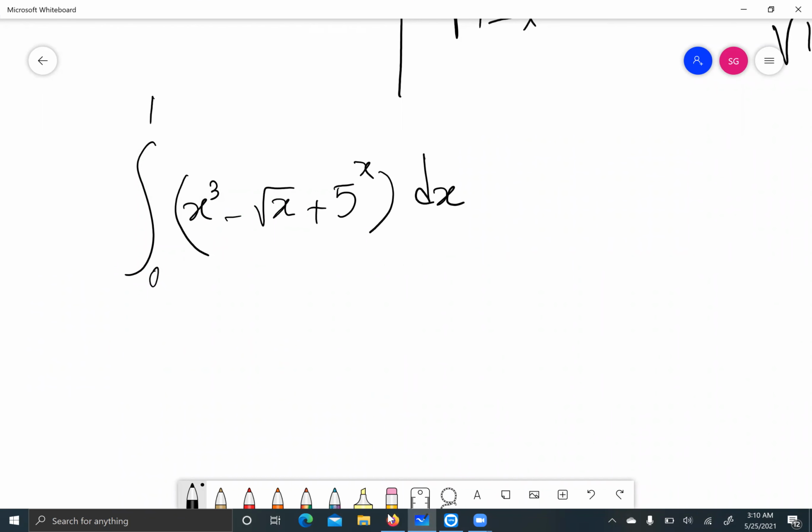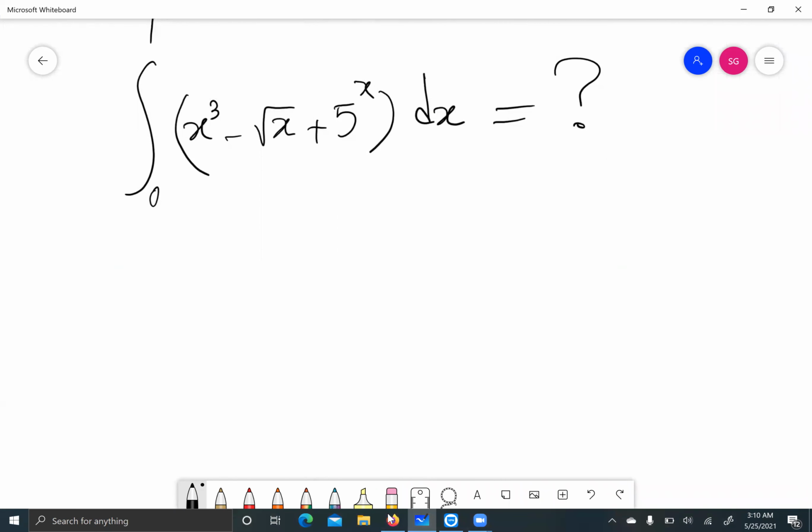Because this is a combination of basic functions, we can apply the antiderivative rule. This is a power function, right? So by antiderivative rule, it's going to be x to the 4 over 4.